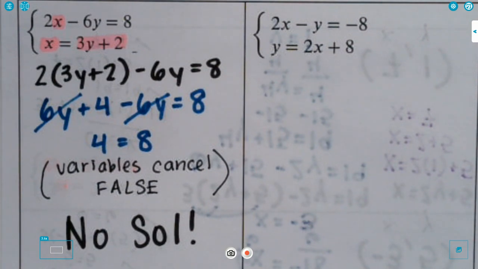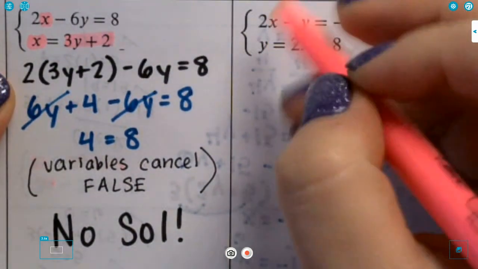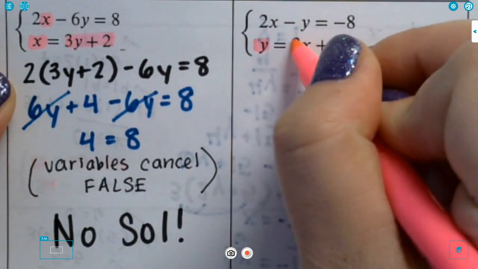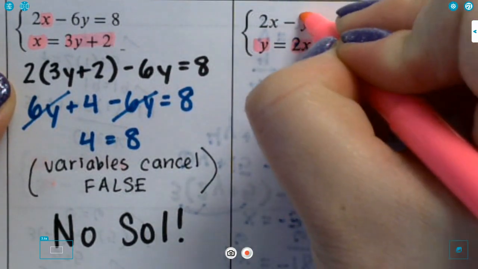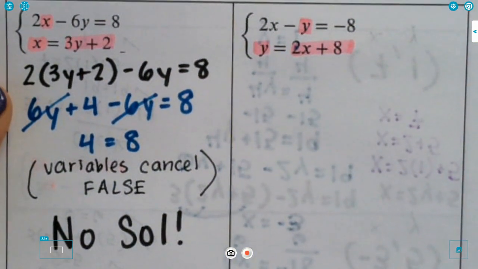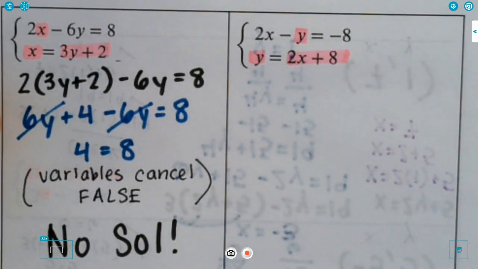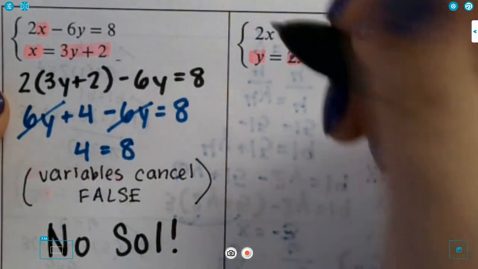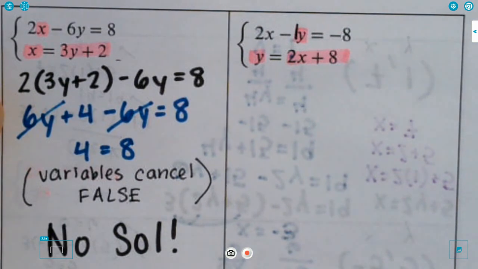The last one we've got is 2x minus y equals negative 8 and y equals 2x plus 8. So we are going to be plugging in this y equals 2x plus 8 for this y right here. Anytime I have a y or an x that's just by itself, I can put an imaginary 1 in front of it. It's going to make my life easier.